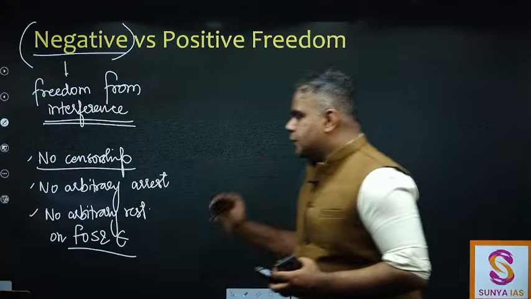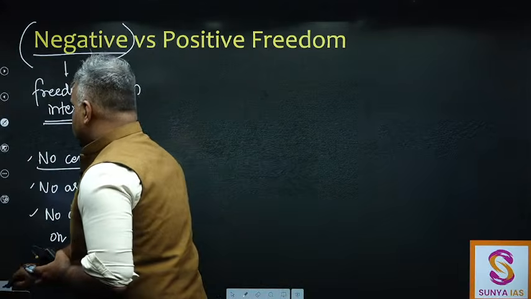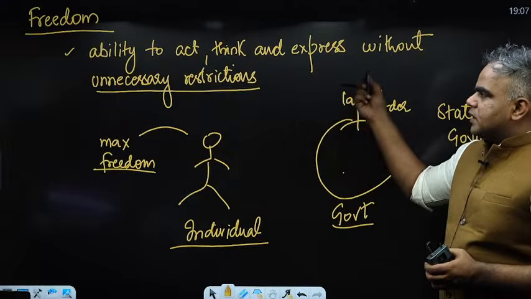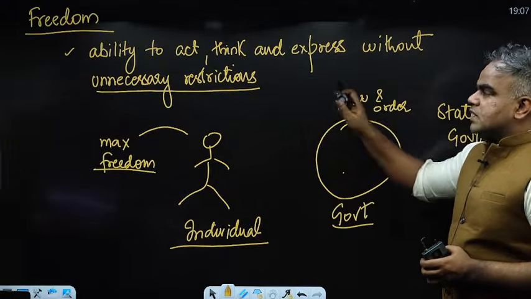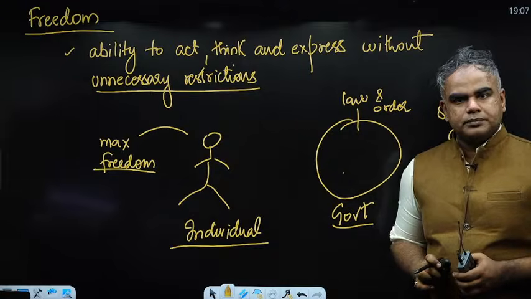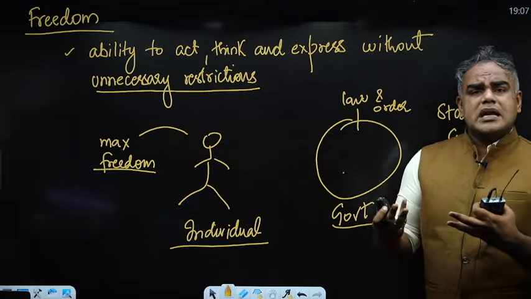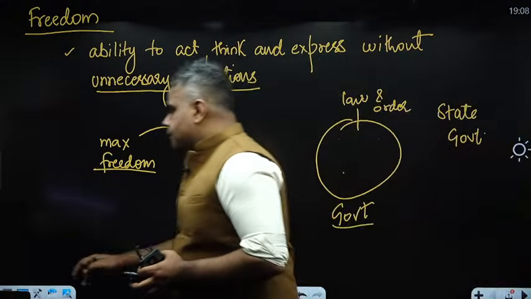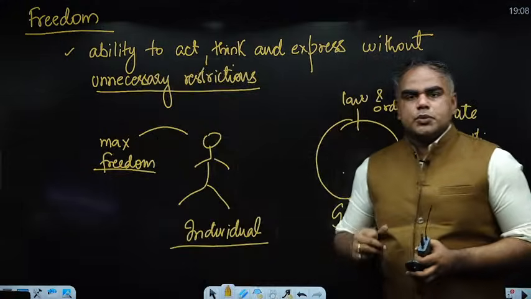In fact, that first definition of freedom that we had seen today aligns with this one. Ability to act, think, and express. This is generally negative freedom. Okay. And don't think, sir, what is negative freedom? Is this no freedom at all? The point is, in fact, let me explain this to you.